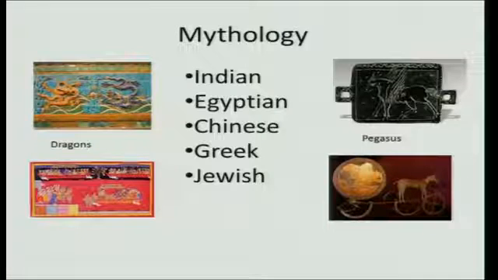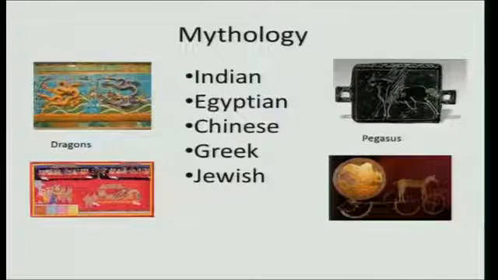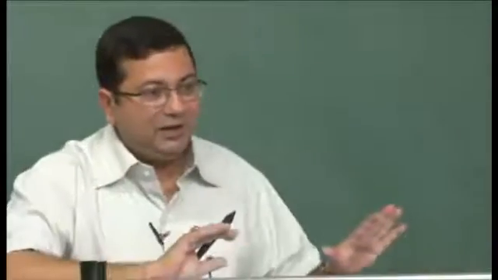In Egyptian mythology, this one is an Egyptian picture, where you can see a wheel, horse and sun. Sun represents the fire. So, the combination of wheel and fire is something that allows you to move faster, okay, that is there in Egyptian mythology. In Chinese mythology, flying dragons are very frequently depicted, which are fire breathing with wings. So, once again we see wings and fire coming in.